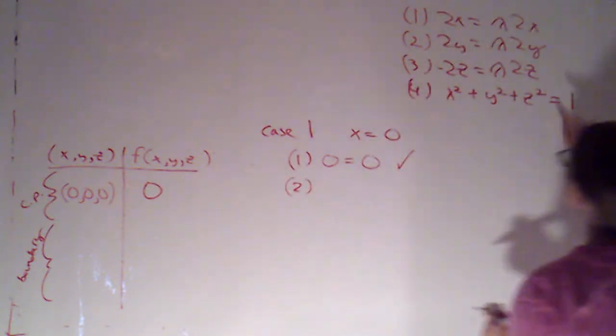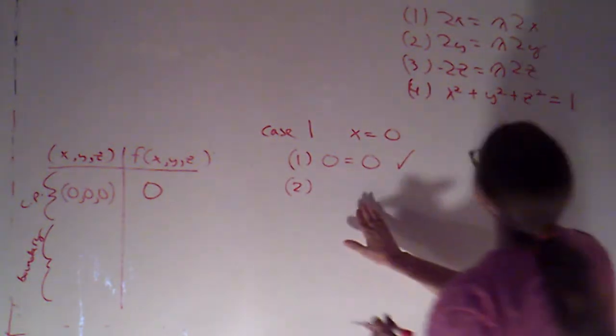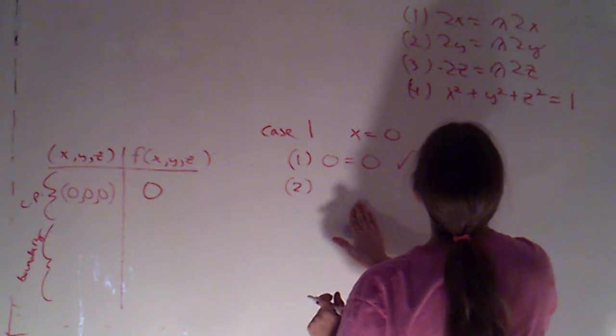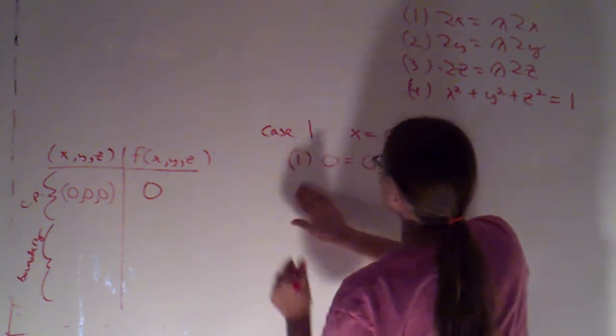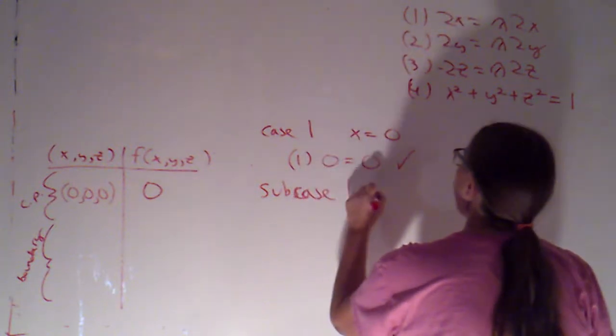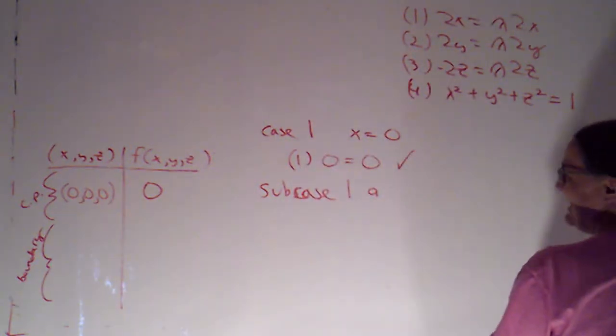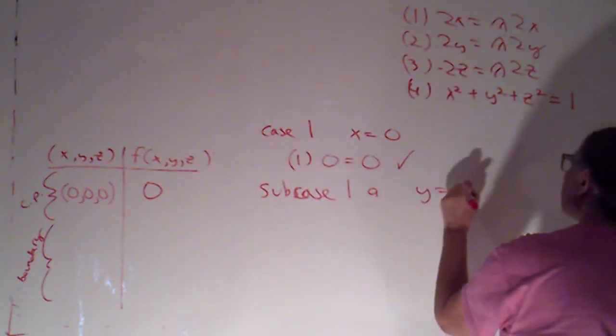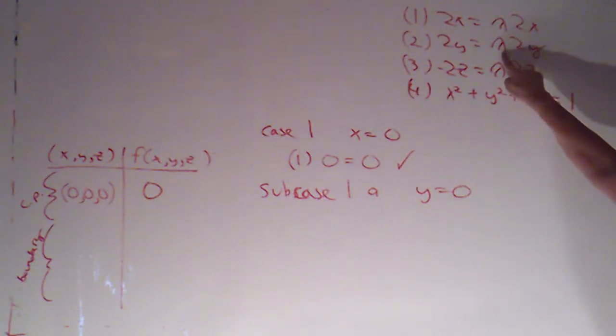So equation, let's do subcase 1a, okay, where y is also equal to 0, because that's what would prevent me from solving for lambda in this particular case.